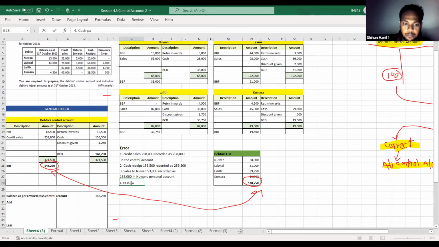Cash received from Nuwan, 25,000, recorded as 125,000 in Nuwan's personal account. Tell me what you should do for this.